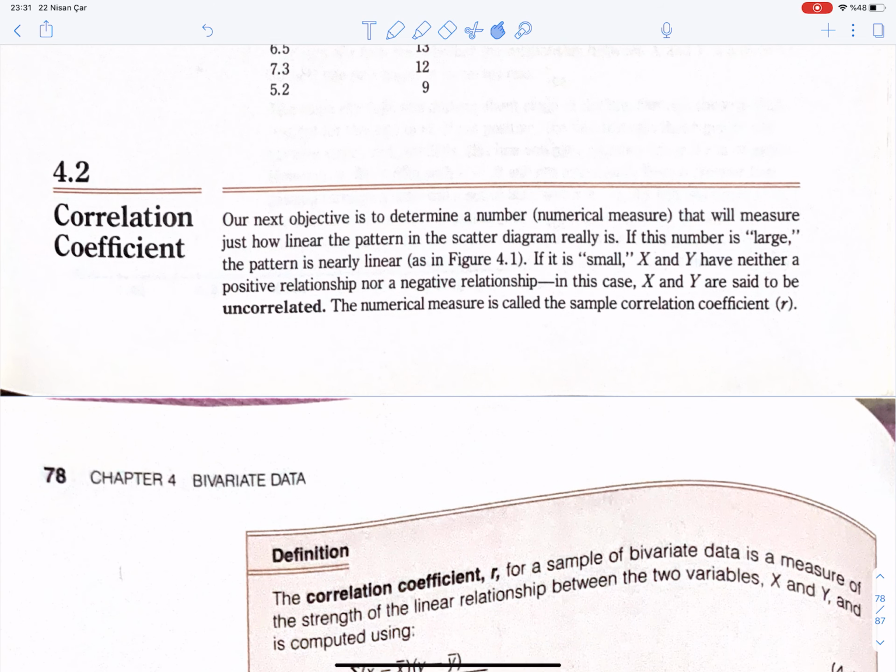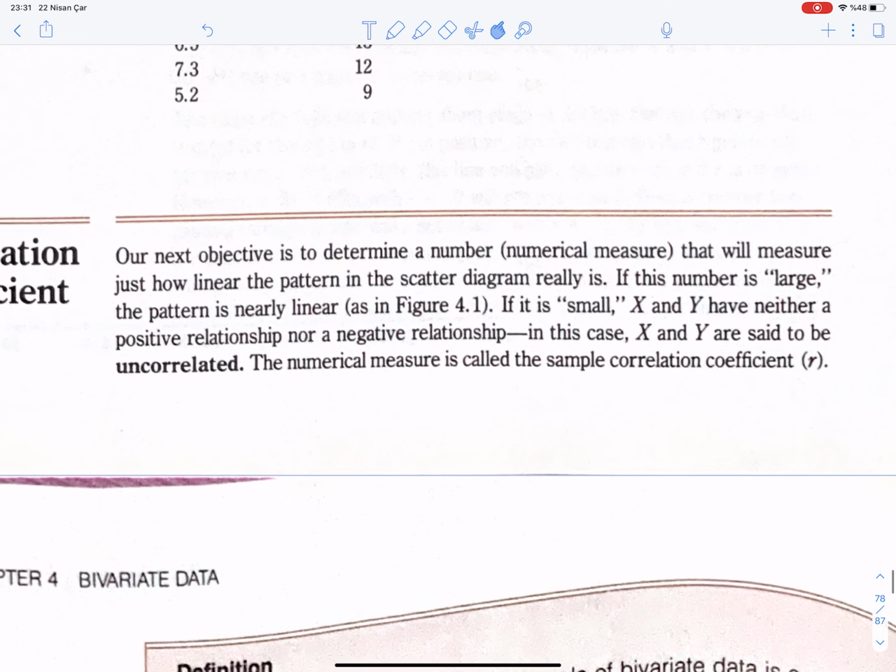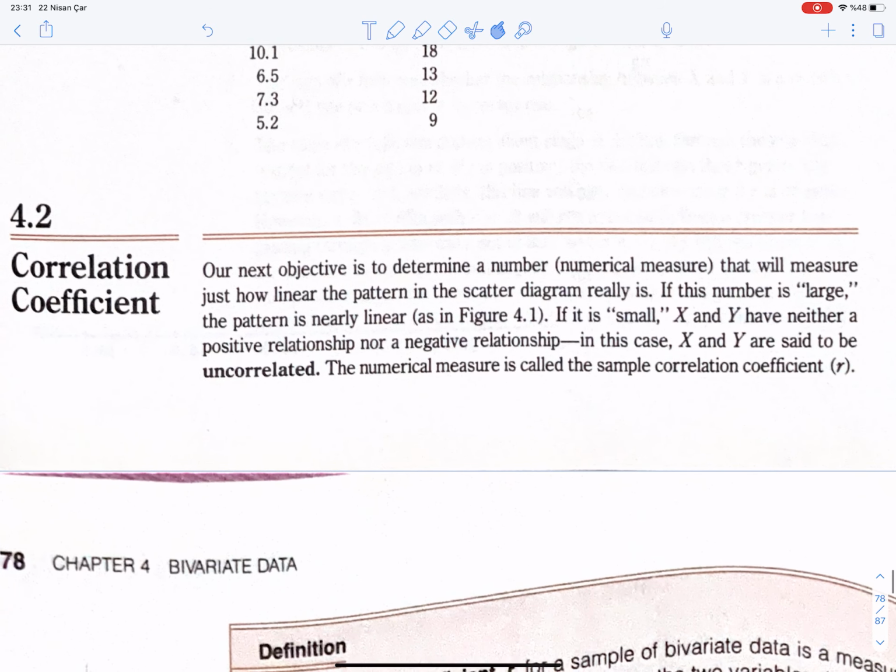Okay, now this is the official definition of the correlation coefficient from the book. In my case, it is a measurement of the relationship between two variables, one independent and the other dependent.